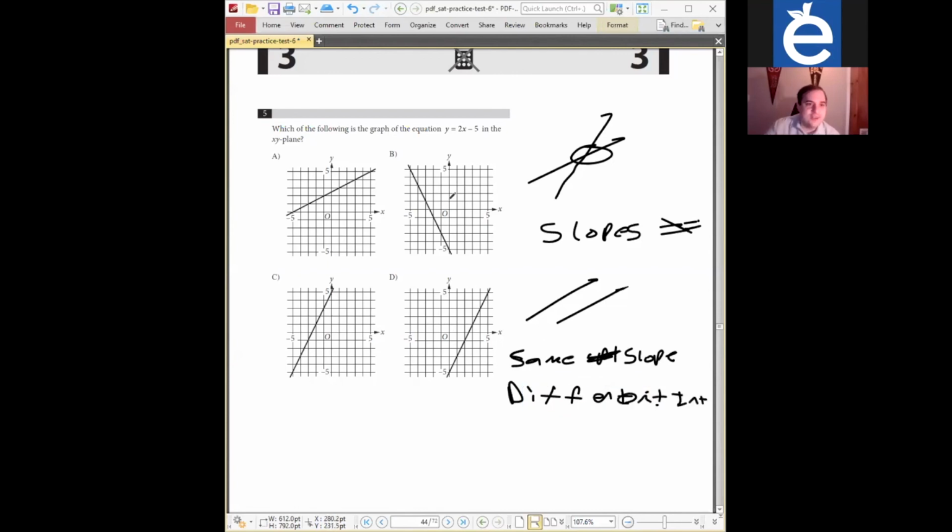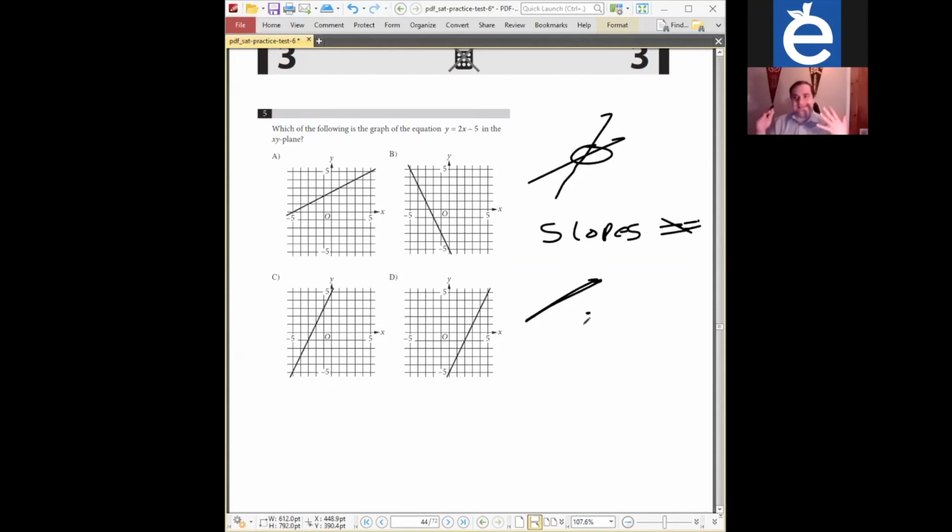So like this one crosses here and this one crosses here. If they have the same slope, they'll be parallel. Last but not least, there's an infinite number of solutions. Infinite solutions are when they are the exact same line. That's when they have the same slope and the same y-intercept. They are the same exact line twice.